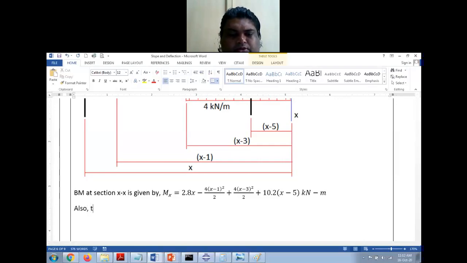Also the BM at XX is given by, what is the other equation?